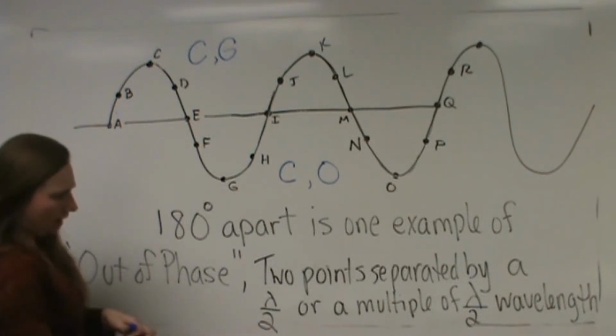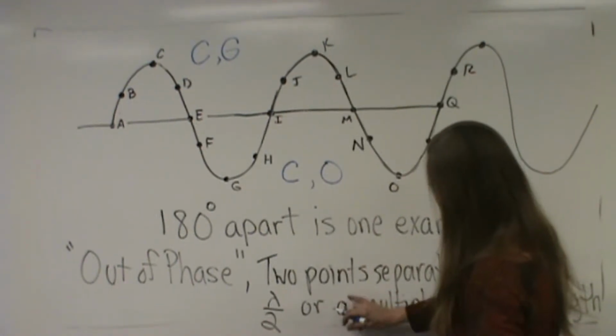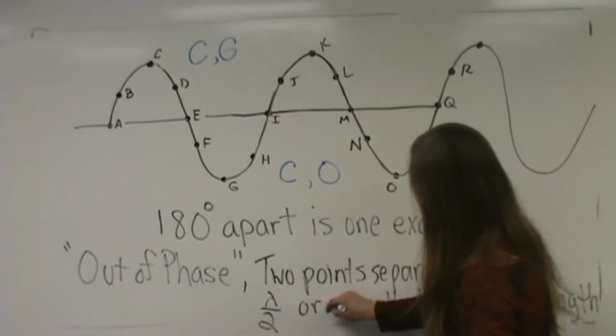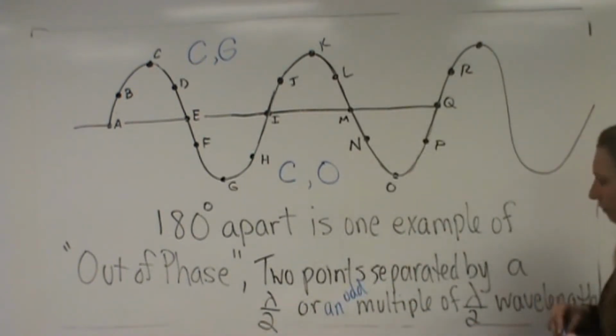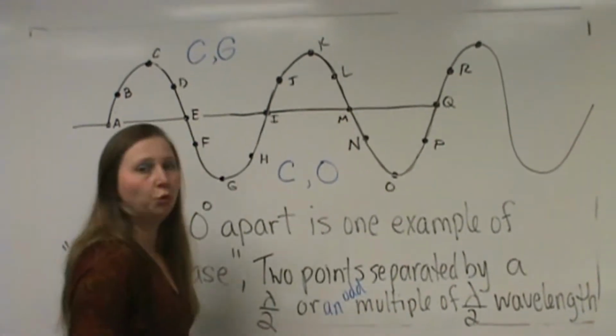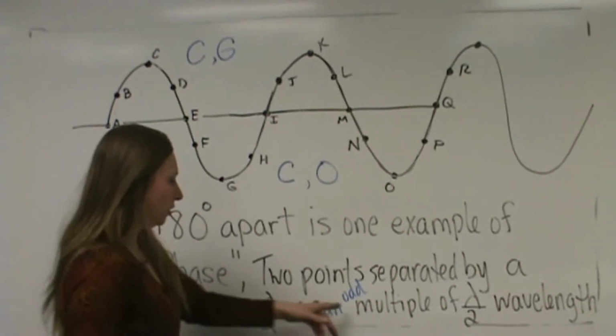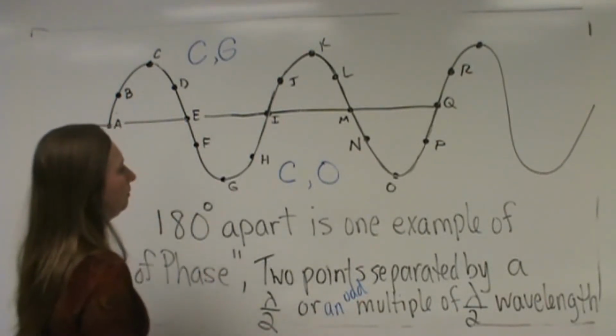All right? Now, let me fix this, because this would have to be an odd multiple. Guys, put the word odd in here, an odd multiple of half wavelengths. Because obviously 2 half wavelengths would be a whole wavelength, and that's no good. So it has to be an odd multiple of half wavelengths.